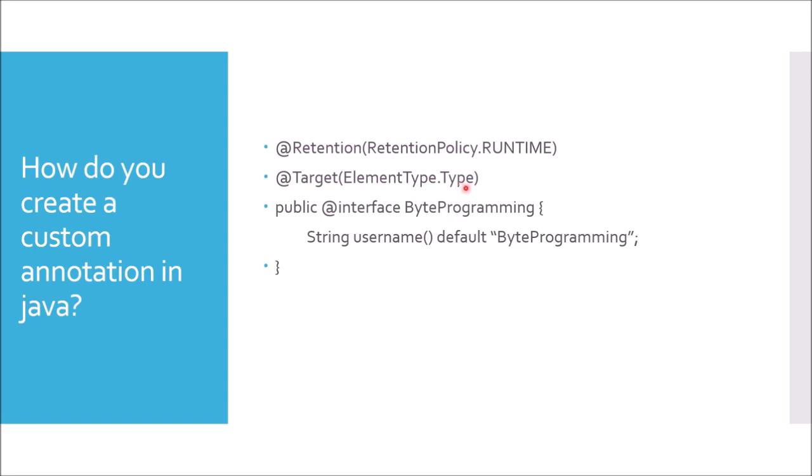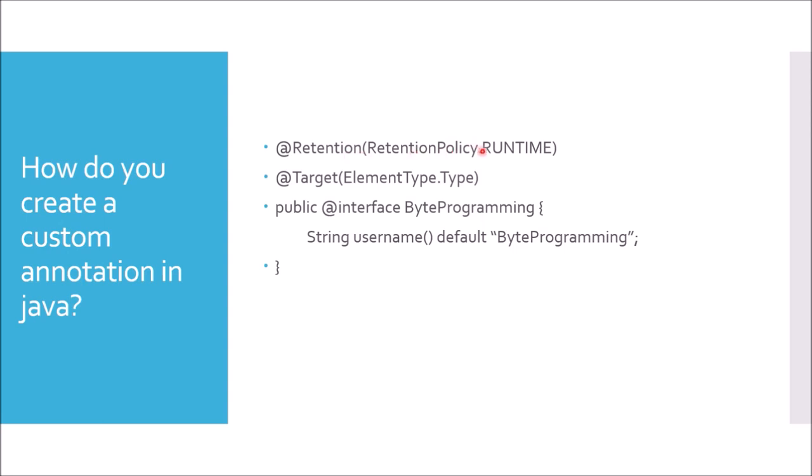Now this annotation ByteProgramming is going to belong to the class level because I have passed ElementType.TYPE. So again, you can make an annotation on the basis of field, on the basis of method, on the basis of class, depending upon what you are passing inside @Target.